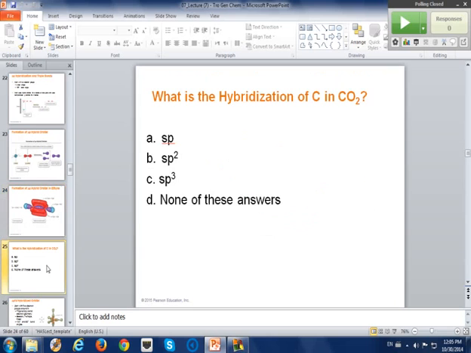Okay, so based on consideration of this hybridization, you can consider this question concerning hybridization of carbon in carbon dioxide. Carbon dioxide is a rather stable molecule, one of the stable molecules from the combustion of hydrocarbons.